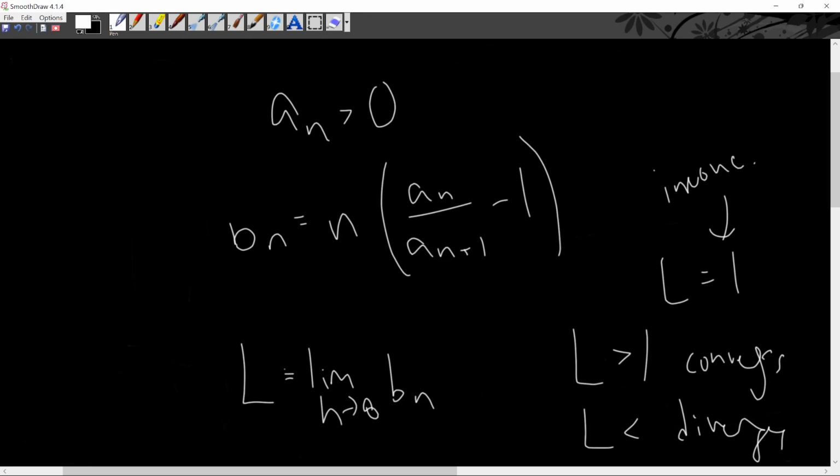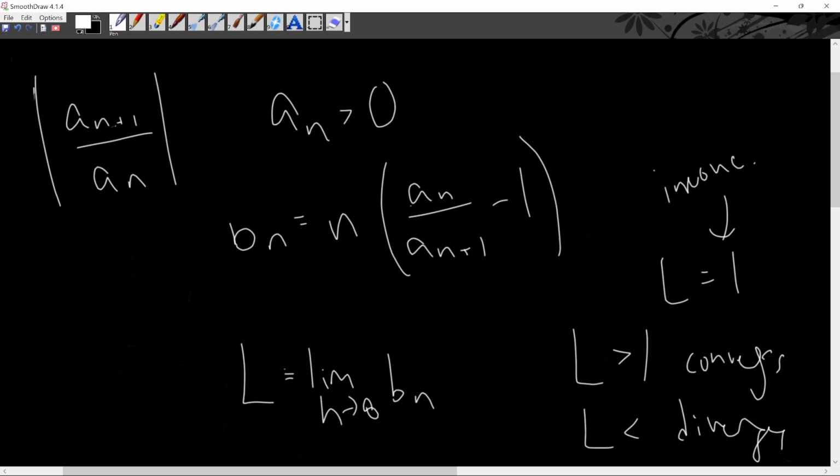And this might seem strange. I can see why it would seem strange, but if you rewrite this as a sub n plus 1 over a sub n, right, because you have the nth term over the n plus 1th term, the term that comes before over the term that comes after.